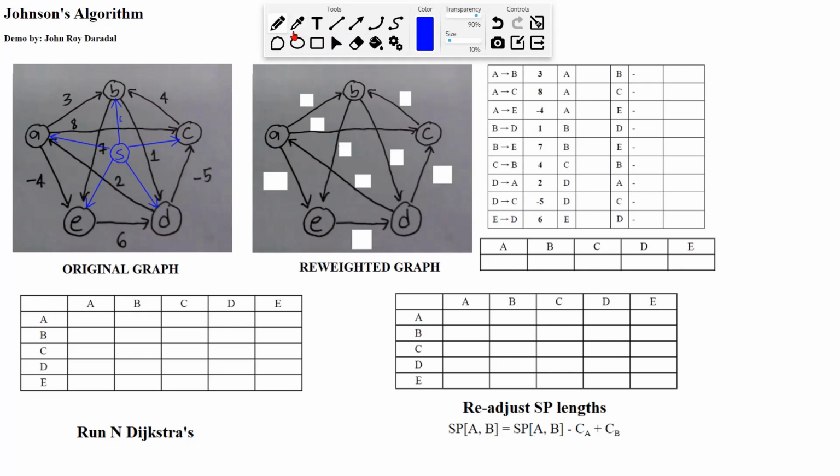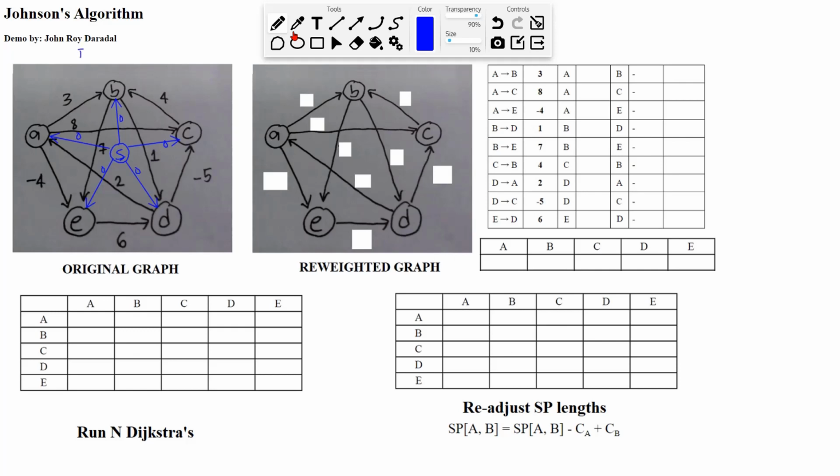So this would be 0, 0, 0, 0, 0. So this is our new vertex, and then we added edges from S going to the other vertices, but there is no edge going into S, only going outwards. Okay, and they all have edge weights of 0. So the first thing that we'll do for Johnson's is we will run Bellman-Ford.